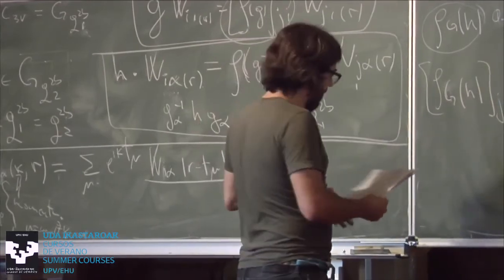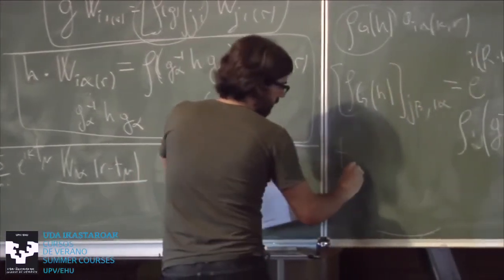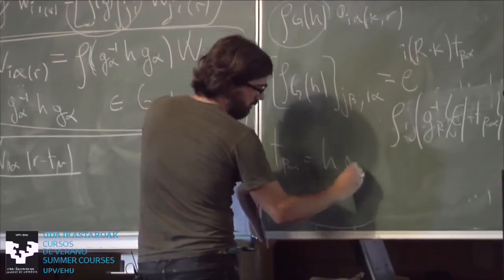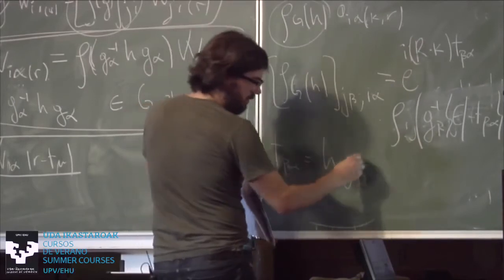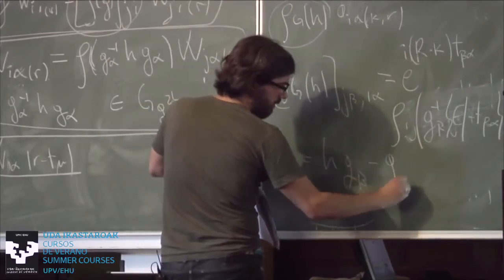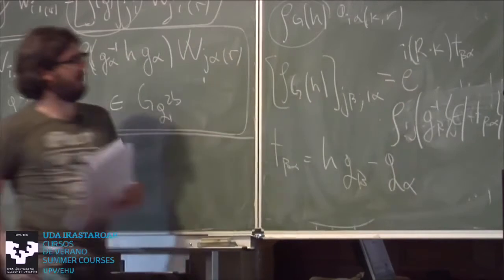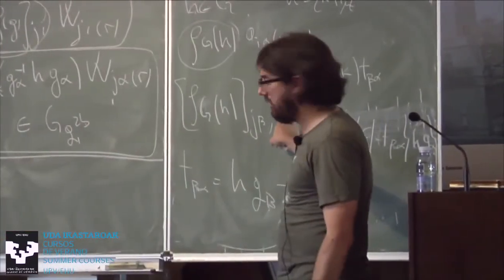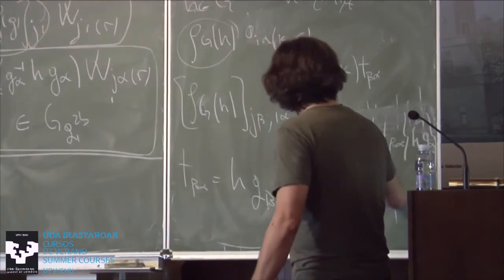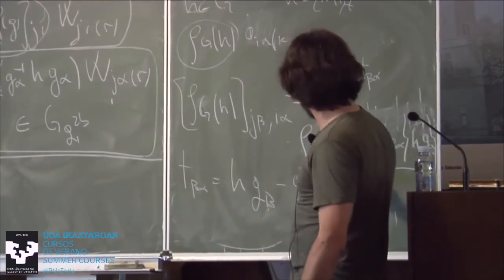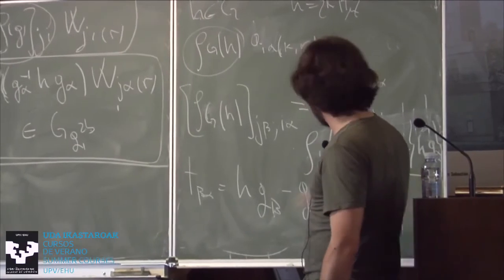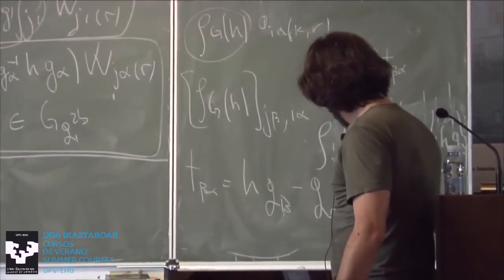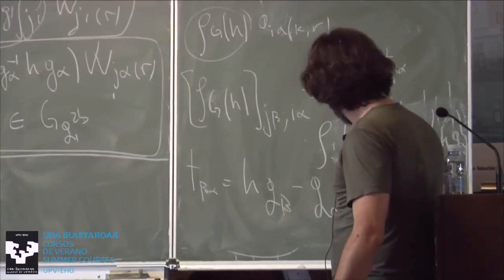T beta alpha is this matrix element on the Wyckoff position Q beta minus Q alpha. And once you know alpha, you can determine beta by the requirement that this group element has to belong to the site symmetry group of Q1 to B.